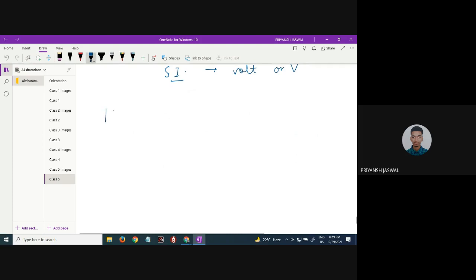So by this we can define 1 volt potential difference as 1 joule of work done to move 1 coulomb of charge in carrying the current. So this much potential difference is termed as 1 volt.